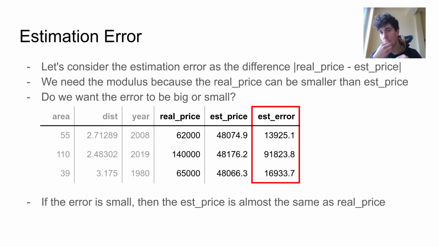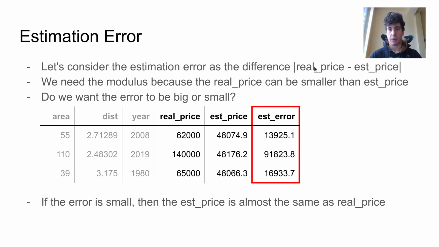One simple way to measure the accuracy is to take the difference between the real price and the estimated price. So if the difference between them is low, then it's more accurate. If it's big, it's less accurate. So for this second apartment, our estimated price is really wrong, because the error is also really big.